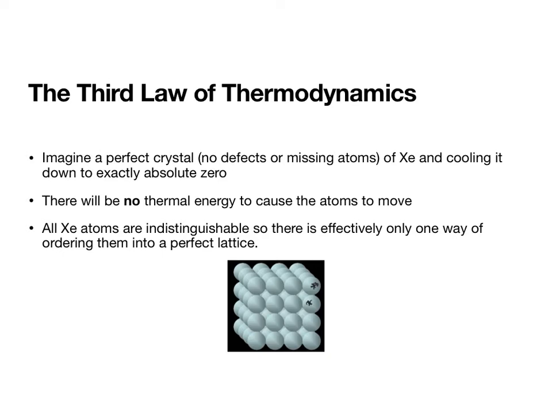They are frozen in place. And we also know that every single one of these atoms is the same, and so we cannot distinguish between them. And that means that there is really only one way for us to organize these atoms in a lattice.